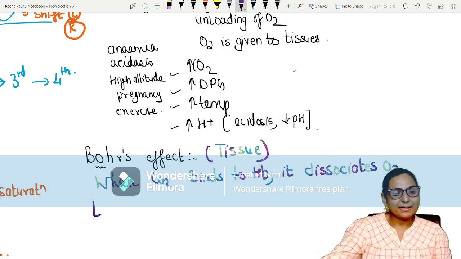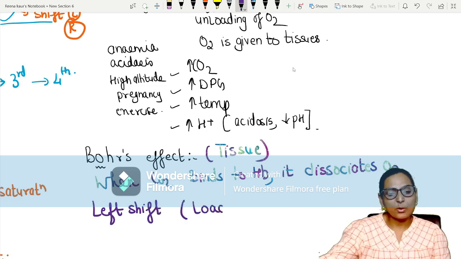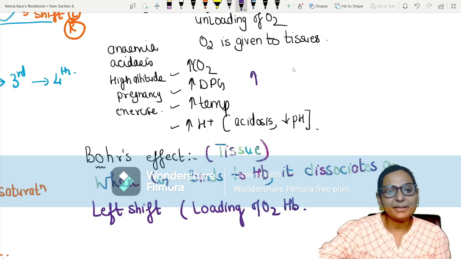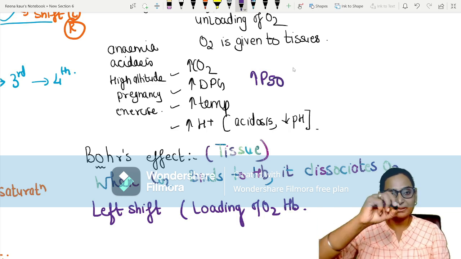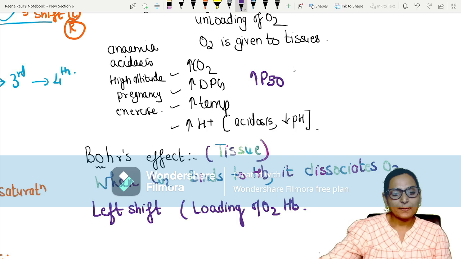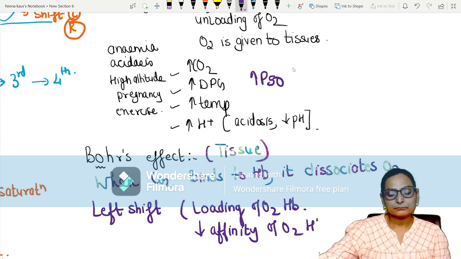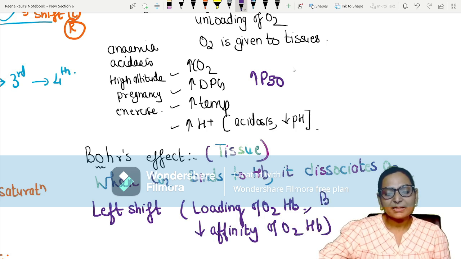Now what is left shift? Left shift is loading of oxygen to hemoglobin. Here P50 will be decreased. If you look into the graph, there will be a decrease in the P50, left side. Or there is increased affinity of oxygen with hemoglobin. Or there is binding of oxygen with hemoglobin.